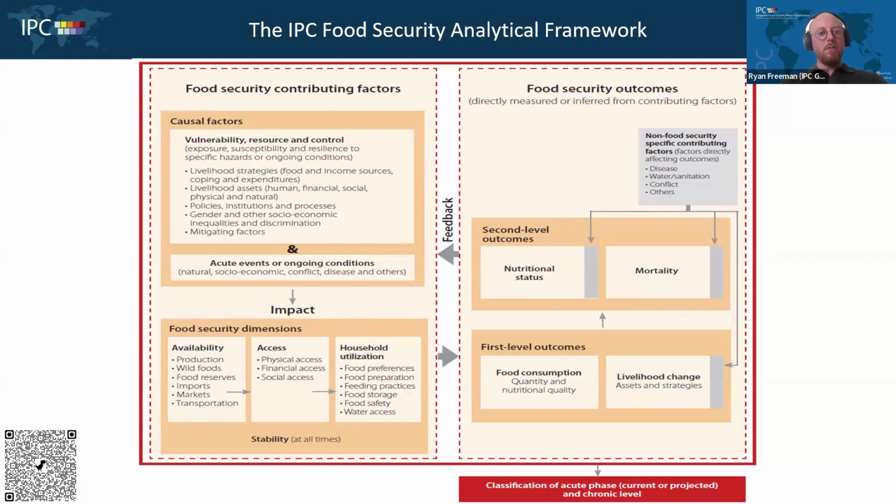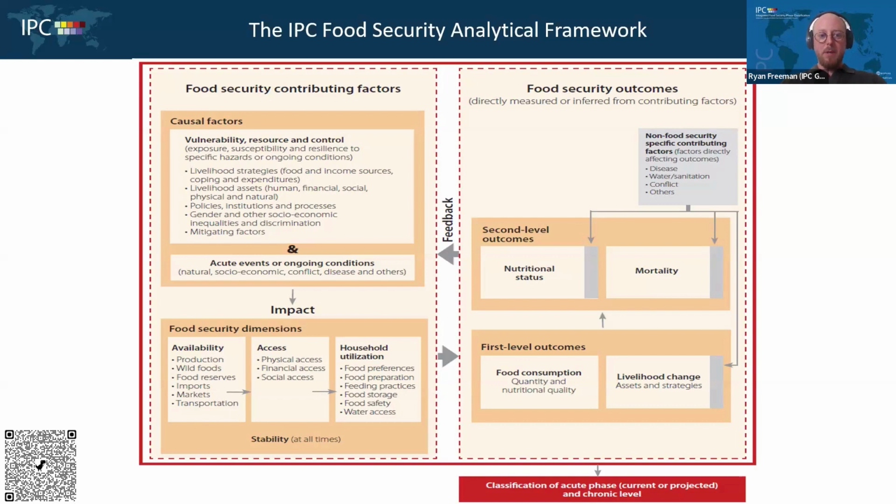So we usually start these discussions by talking about the vulnerability of populations and the resources and control. This may be more specific to livelihood strategies. So what are the food and income sources? What are the coping strategies and expenditures that may be inside the household or in the community? It may be on the livelihood assets. So it could be human, financial, social, physical, or even natural.